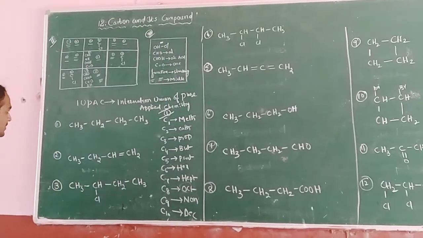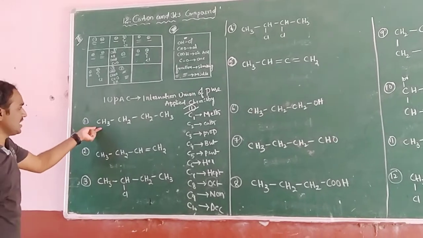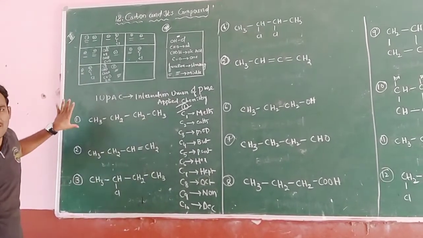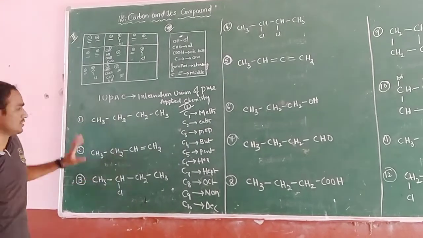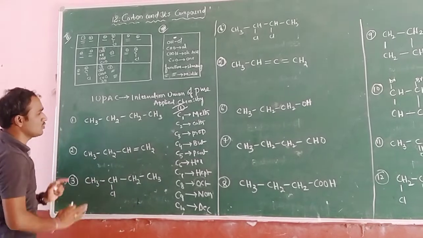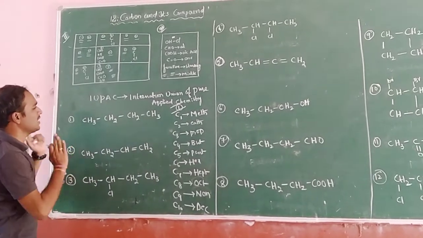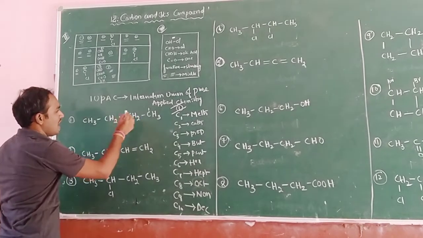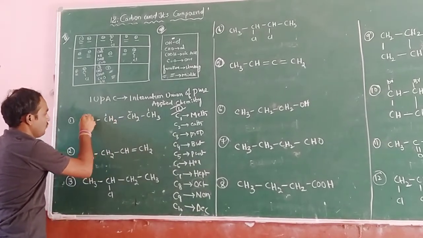See here, the first one is CH3, CH2, CH2, CH3. What is the IUPAC name of this compound? Listen, first we understand how many carbons are here. So here 1, 2, 3, 4.